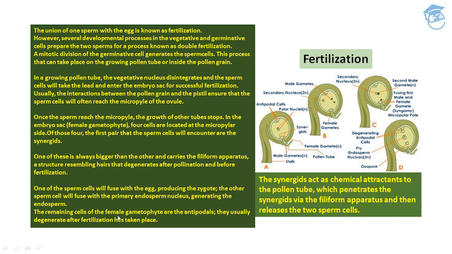So the remaining cells of the gametophyte are the antipodals, which are present here, 1, 2 and 3. See, these three are the antipodal cells. They usually degenerate after fertilization has taken place.